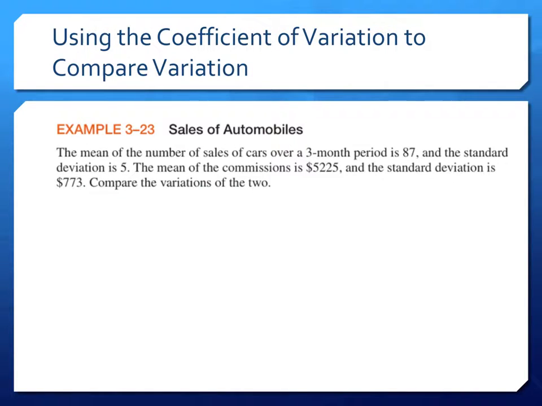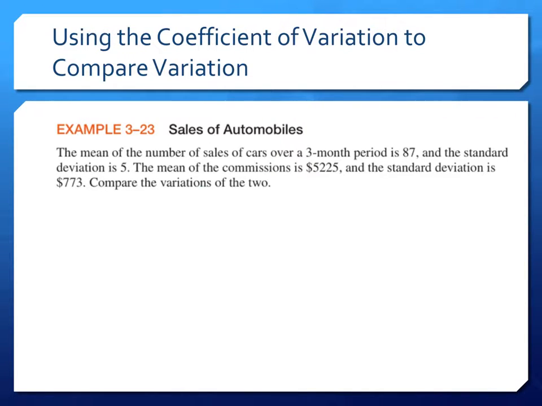Okay, let's go ahead and do an example using the coefficient of variation. Okay, sales of automobiles. The mean of a number of sales of cars over a 3-month period is 87, and the standard deviation is 5. The mean of the commissions earned by the salespeople is $5,225, and the standard deviation is $773. Compare the variations of the two.